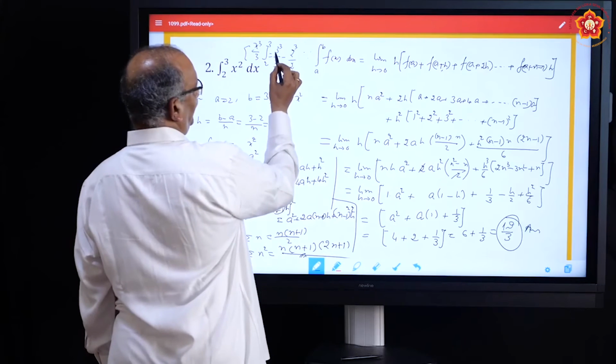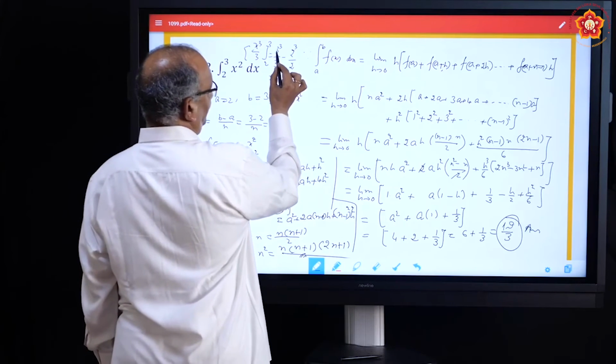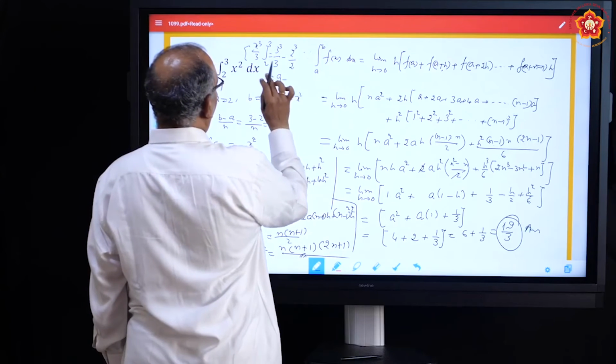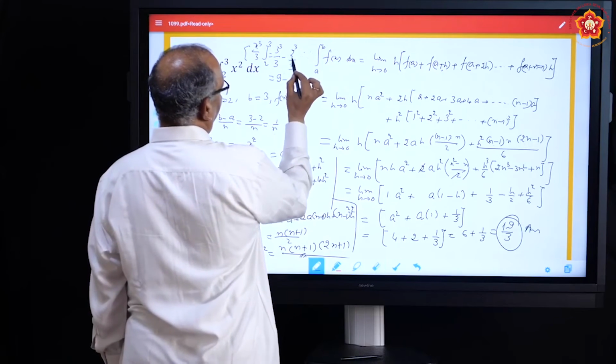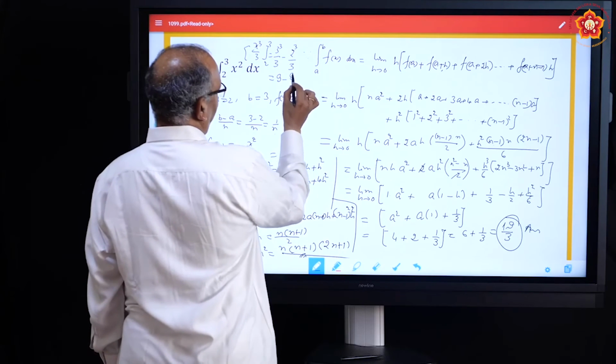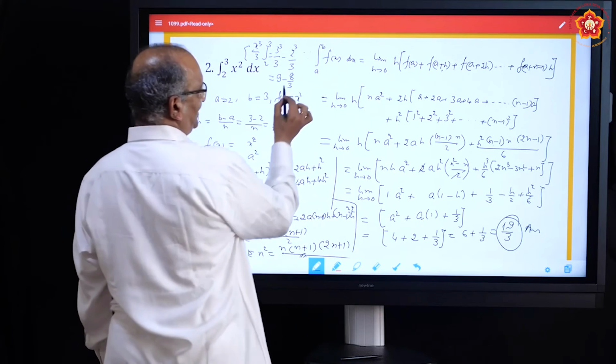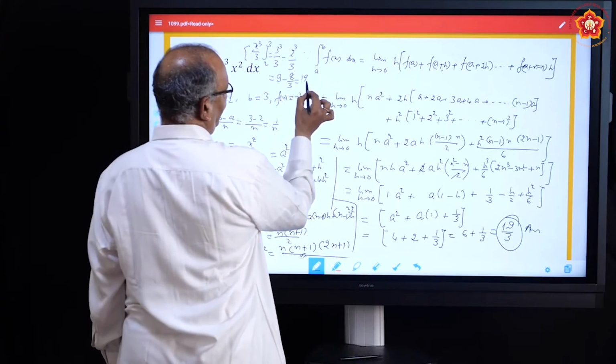What is 3 cube by 3? It is 9 minus 8 by 3. Simplify it. 9 3s are 27. 27 minus 8 is 19 by 3.